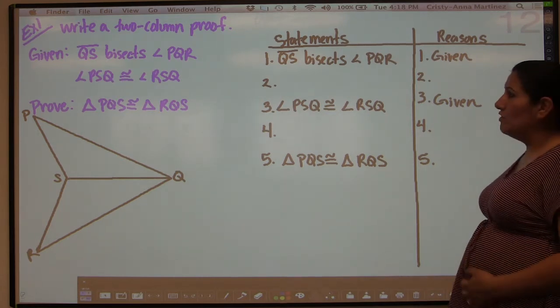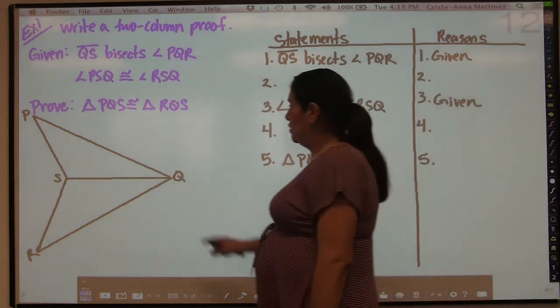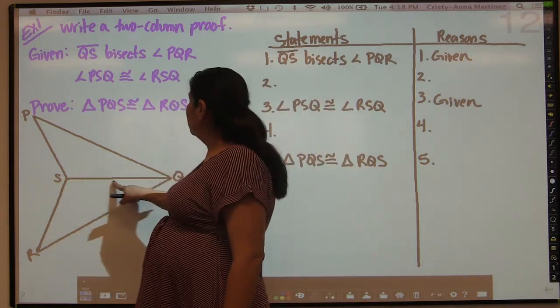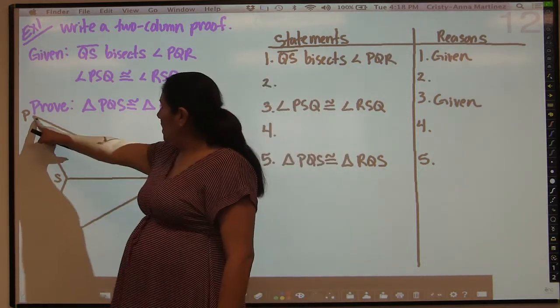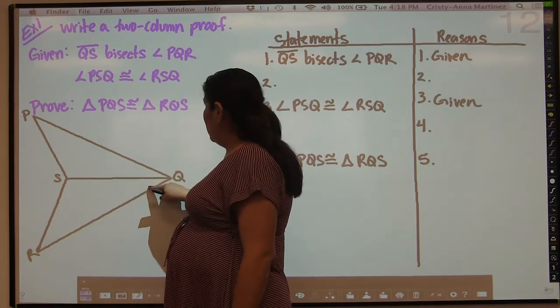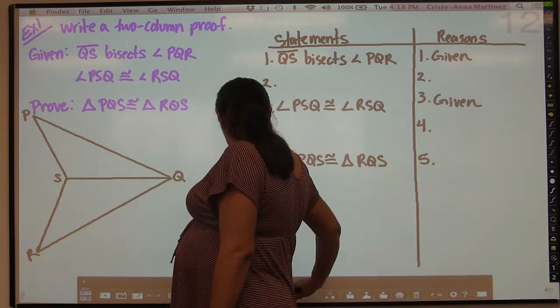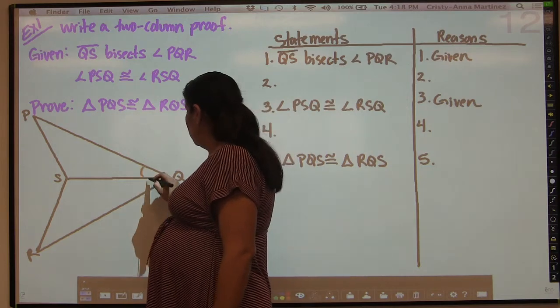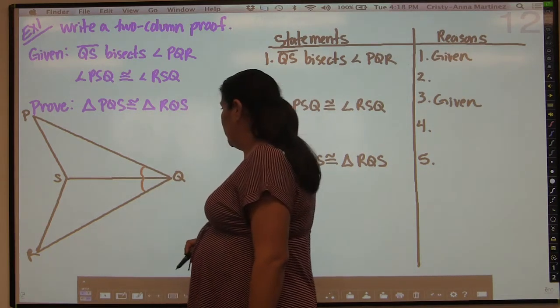Write a two-column proof. It says given that QS, and QS is a segment right here, bisects angle PQR, so angle PQR is this angle right here. And so if it bisects, that basically tells us that it cuts this angle into two congruent angles.